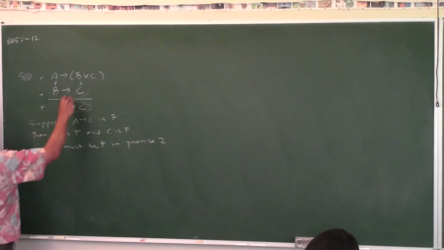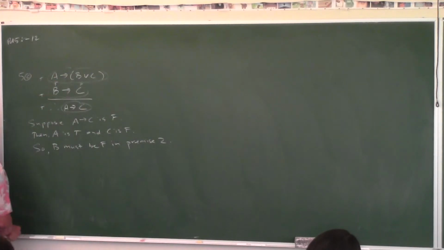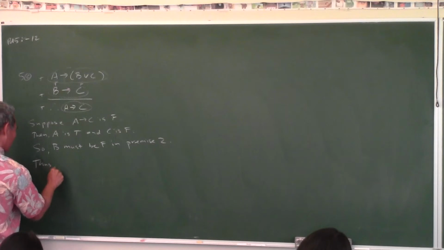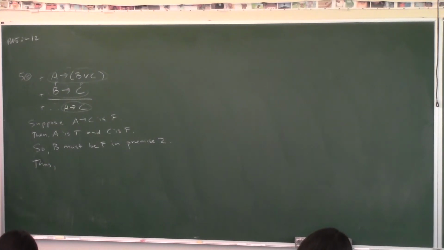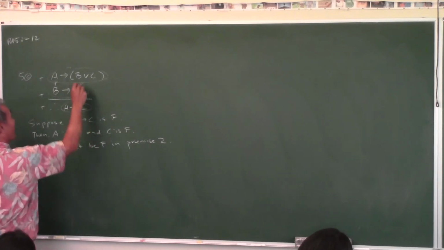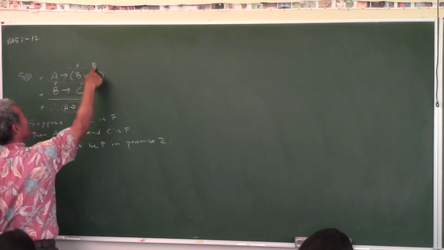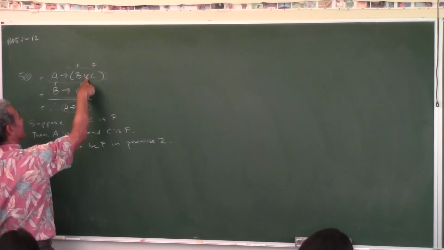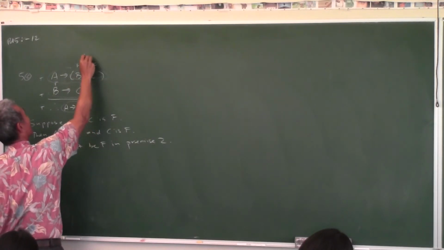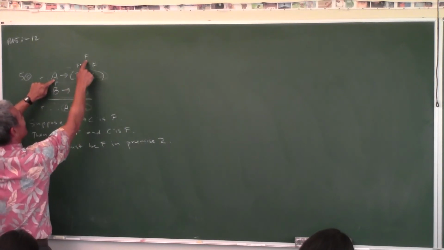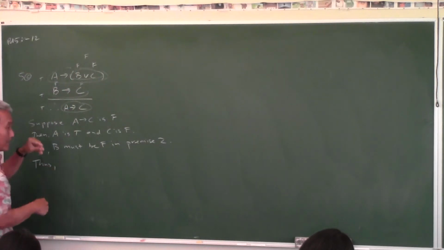Okay, now we take that back into the first premise. Thus, I like thus better. So what do we know? B is false, C is false. If you have 2 false statements with an or, what is that? False. So this whole thing is false. And if you have a conditional statement that's true, but the second part is false, the first part must be false.